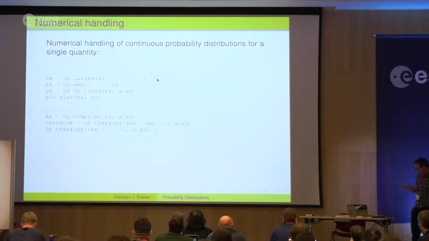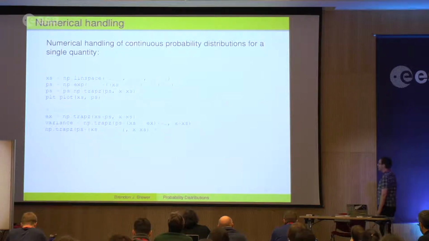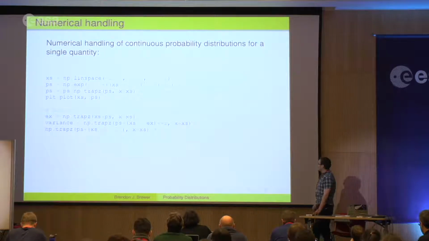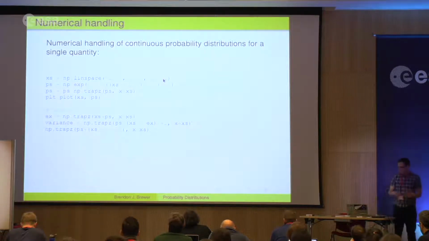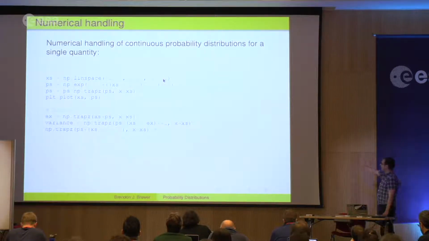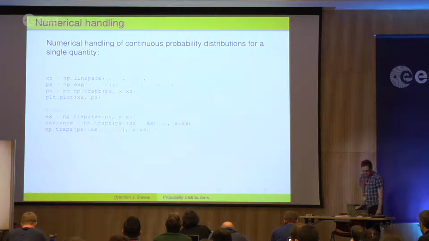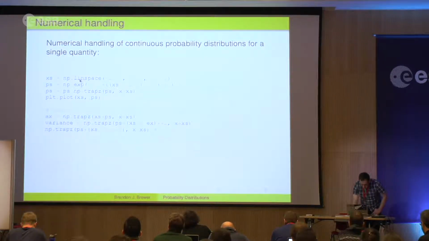But the understanding is that this is a discrete approximation to a continuous case, and that really I should be using as fine a grid as I can within computational resources, and hoping that my grid is fine enough that none of the answers are sensitive to how fine I made the grid. So I'm just using a linspace to define the possible values of x, the x's.